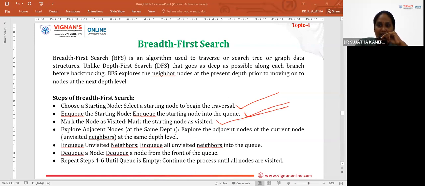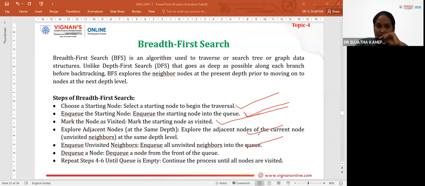Next, we need to go for the adjacent nodes of that node in the same depth level. So we need to explore all the adjacent nodes of the current node, the unvisited neighbors at the same depth level. After that, enqueue all unvisited neighbors also. We need to place them into the queue. Next, dequeue a node.